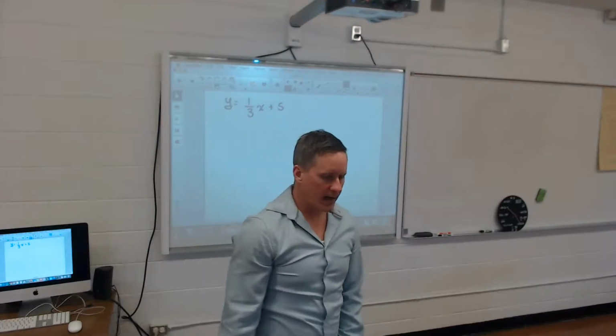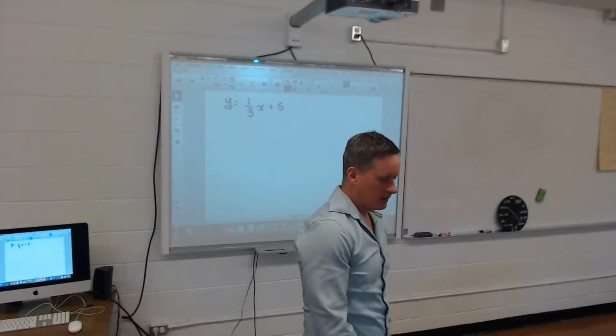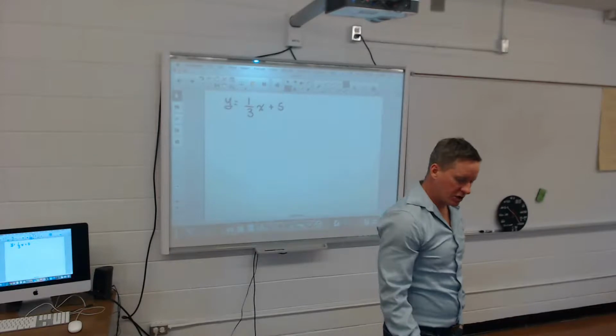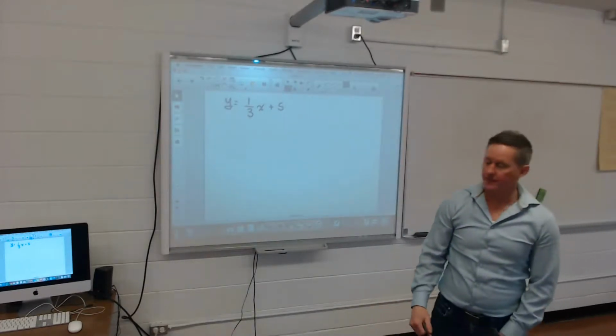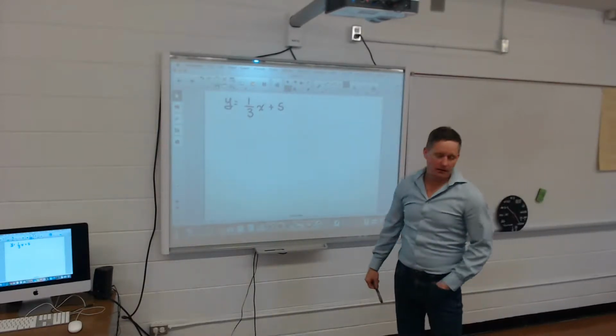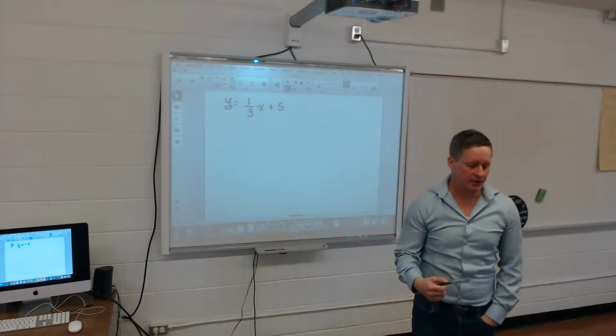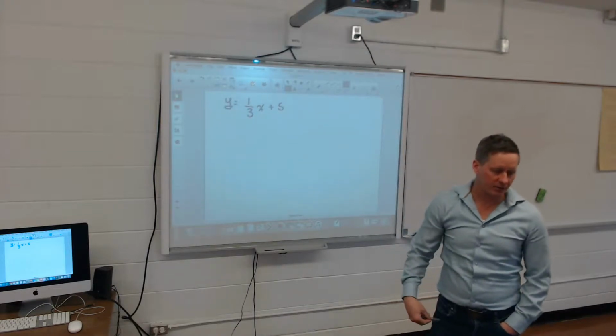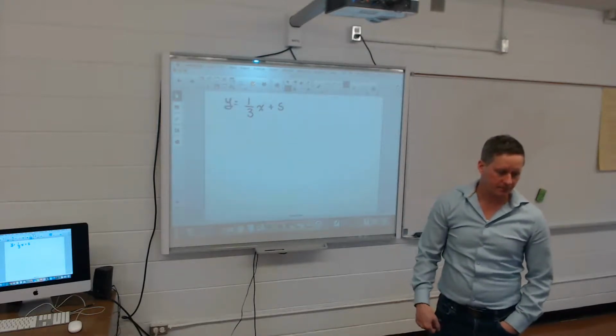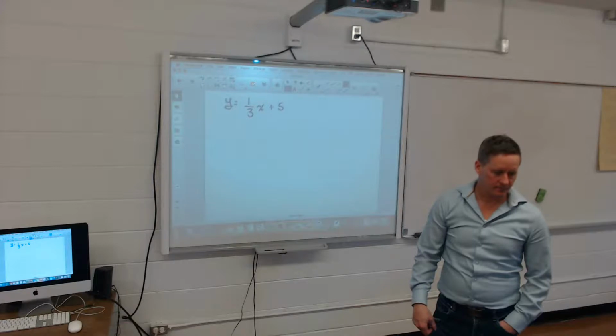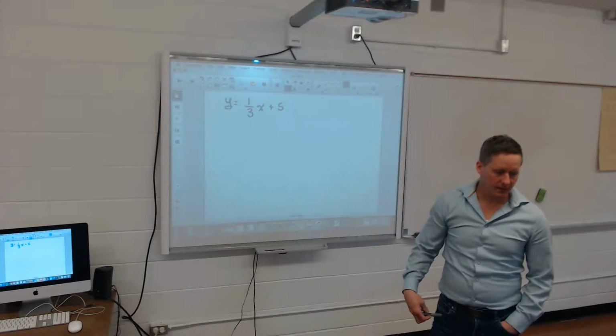Okay, so 1A says, can you turn that into general form? So what's the first thing that I mentioned that we want to do to get it in general form? What do I have to do first here? What do I not want to have? A fraction.